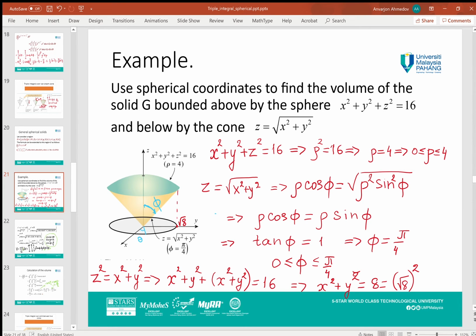And to find the projection of this intersection line to the xy plane, we can solve these two equations together, which gives x squared plus y squared equals root of 8. This is the circle in the xy plane, which is the projection of the intersection of these two surfaces.